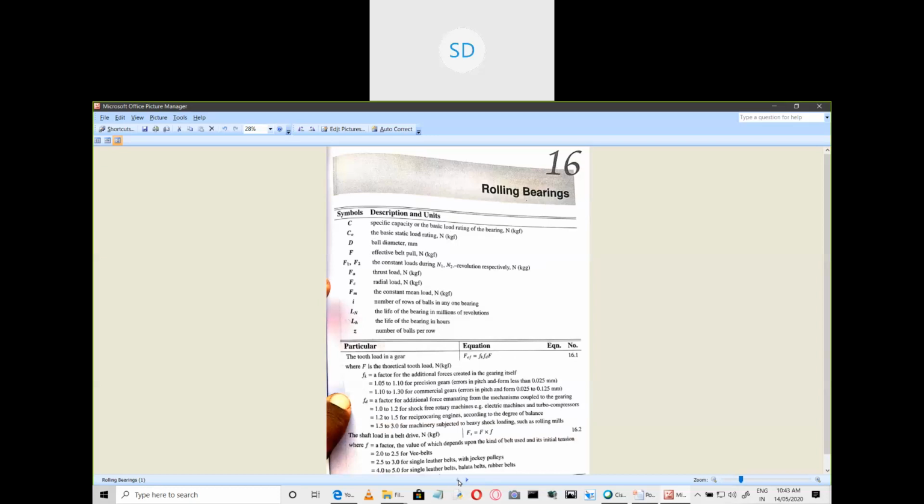Now refer here: bearing type, non-filling slot assembly, radial contact groove ball bearings. If you have angular contact groove ball bearings, then you have a value of alpha here. Now Fa by C naught: Fa is the axial load, C naught is the dynamic load. You are going to get a clearer picture while solving the problems.